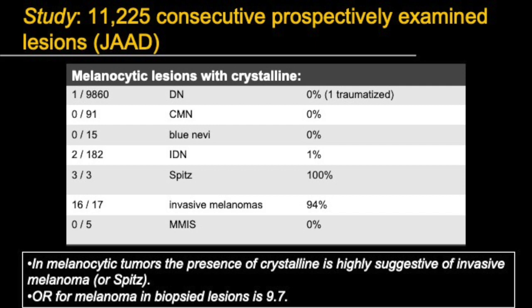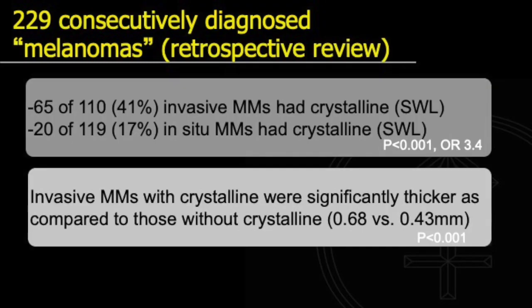We found that curious. So we took that a step further and retrospectively went back and looked at all of the melanomas we had, and basically it bore true: 41% of our invasive melanomas had the structure, and only 17% of in situ melanomas had the structure.